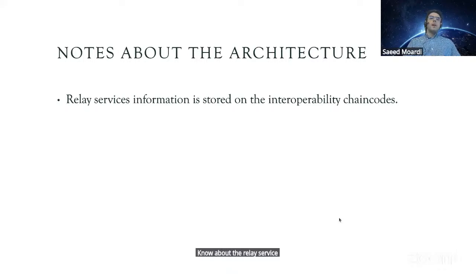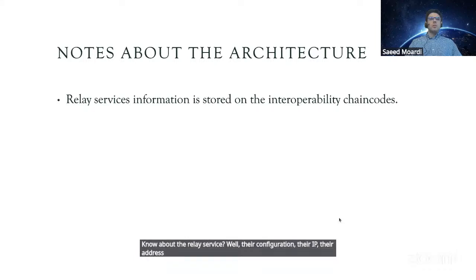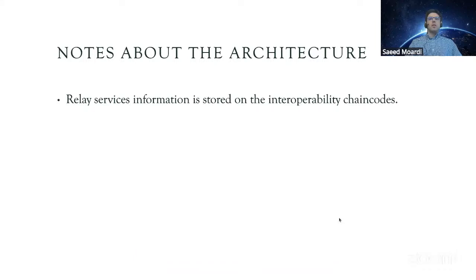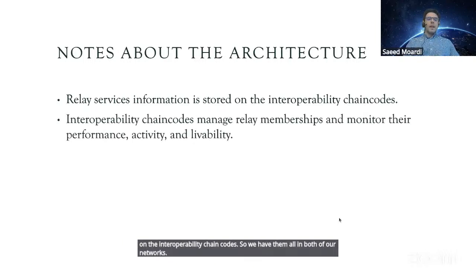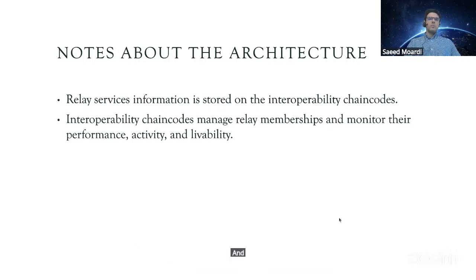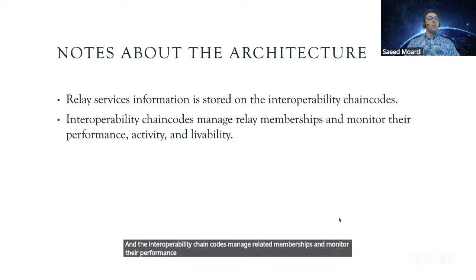Well, their configuration, their IP, their address, their signature, their encryption data, everything about them is stored on the interoperability chain code. So we have them all in both of our networks.